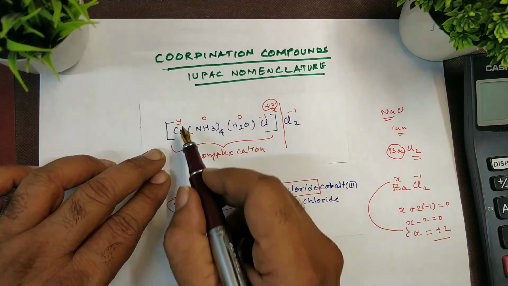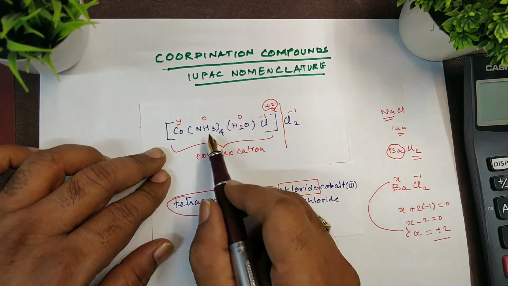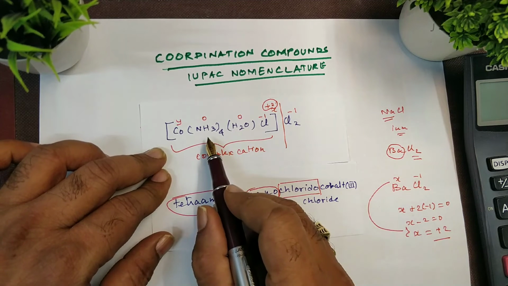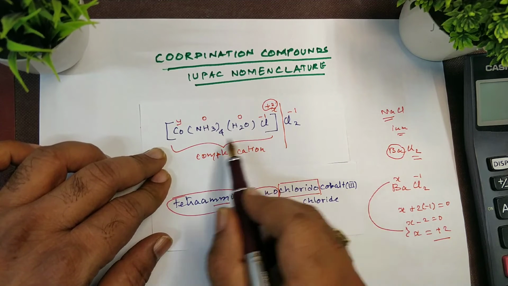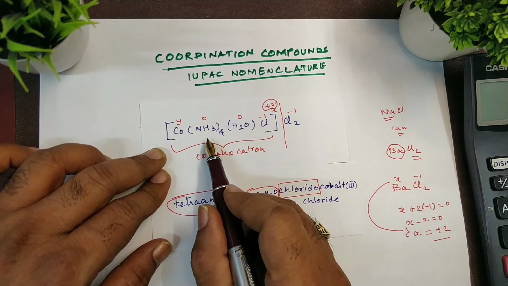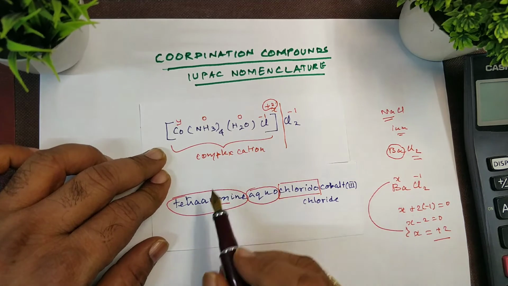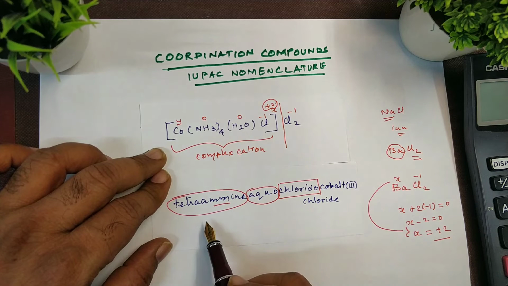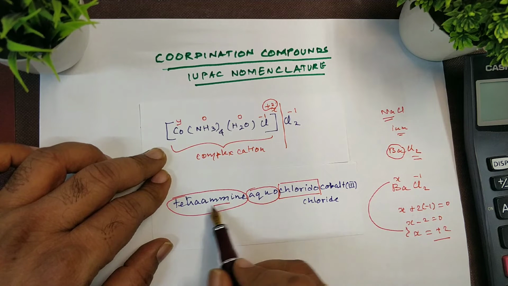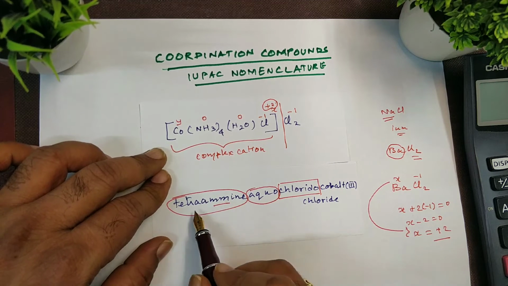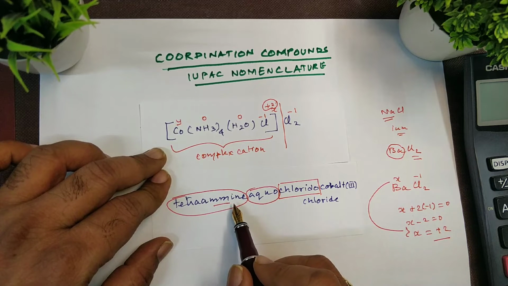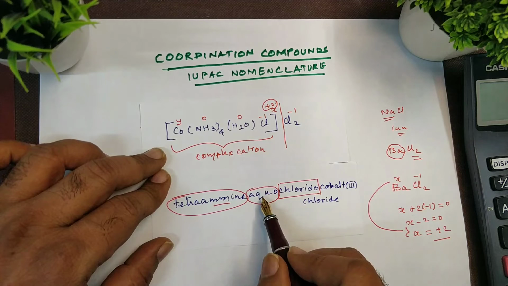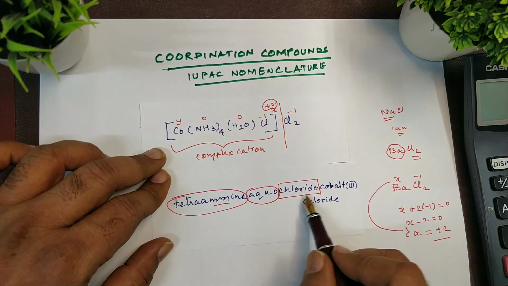Now we want to fix this. When we name coordination compounds, ligands are named in alphabetical order, and particularly neutral molecules are given preference. Ammonia and water are neutral molecules. Among these, alphabetically AM comes first. Therefore, 4 ammine, double M. So tetraammine and aquo, then followed by chlorido.